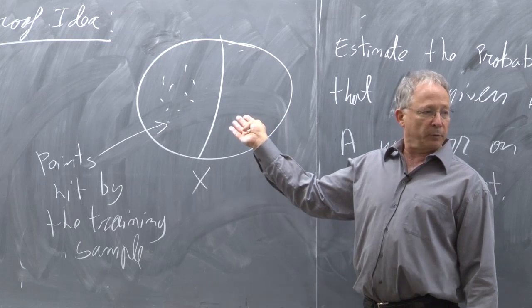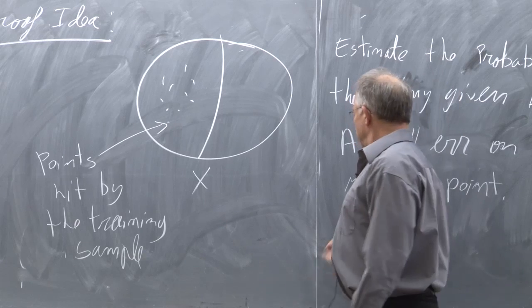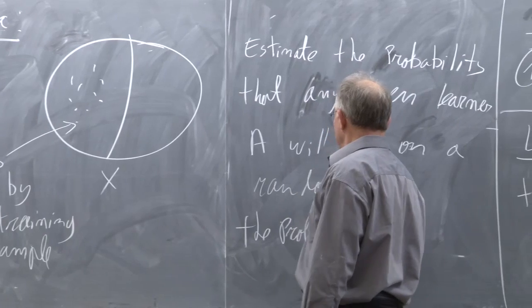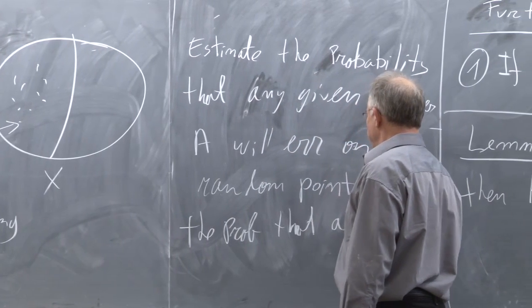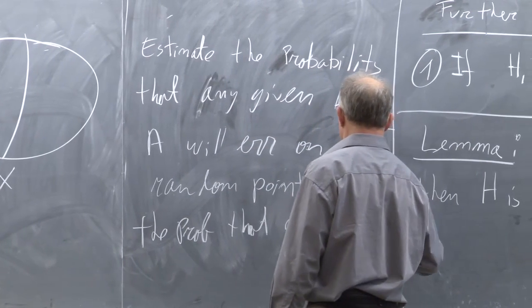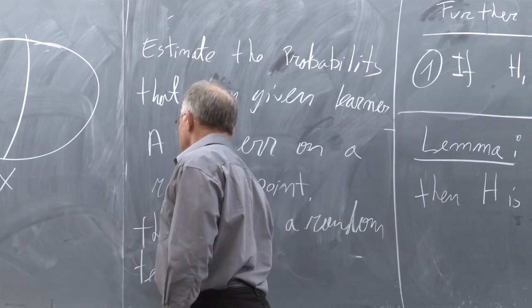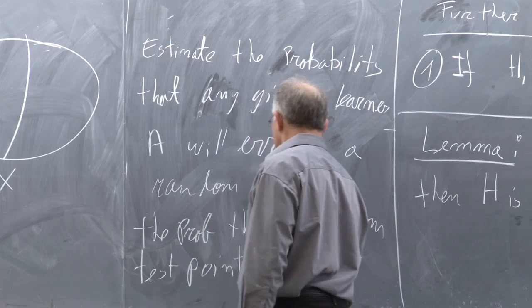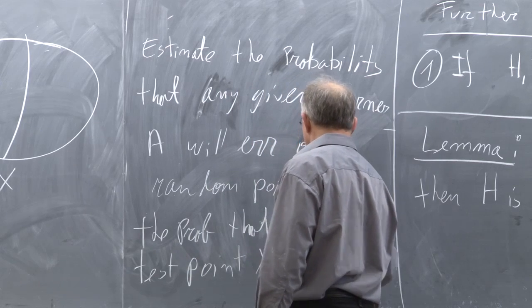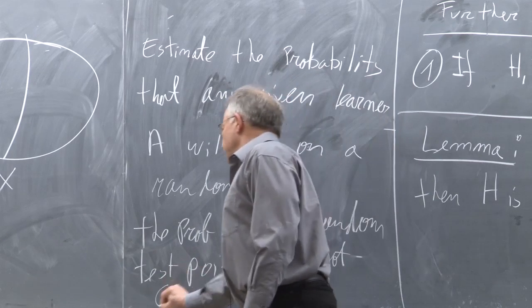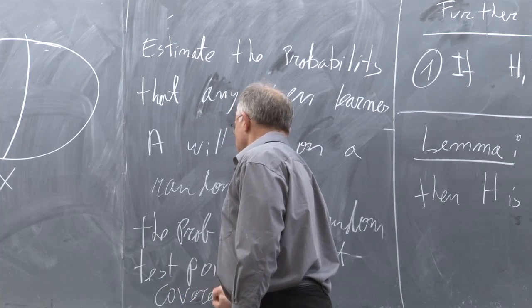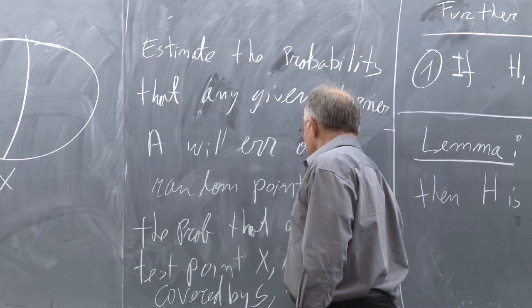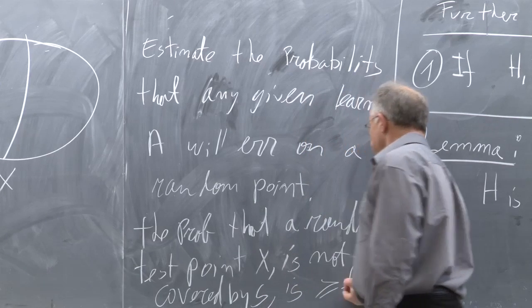So if I pick a random point, then the probability that a random test point x is not covered by S is at least half.